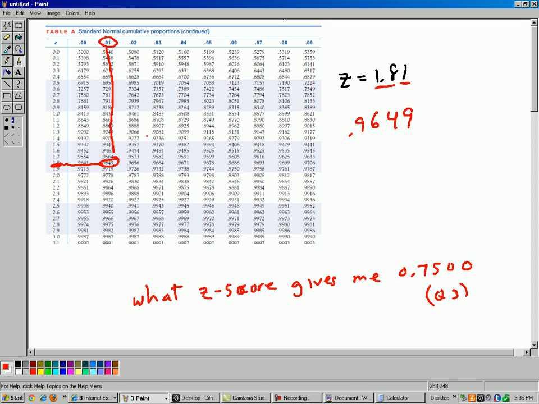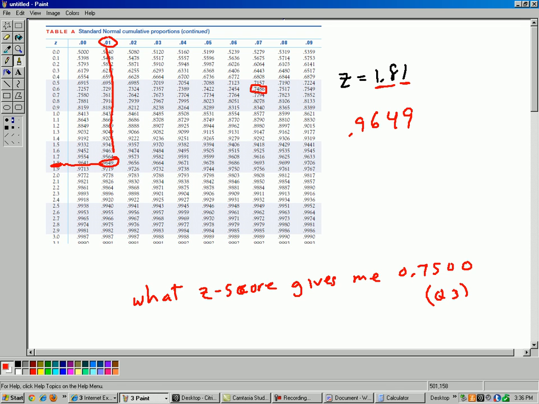So I need to find the percentage first, 0.75. So where's 0.75? Let's see. Here's 0.77. Here's 0.76. Keep going, keep going. Here's 0.758. Here's 7549, 7517, 7486. Okay, this is as close as I'm going to get to 0.7500.